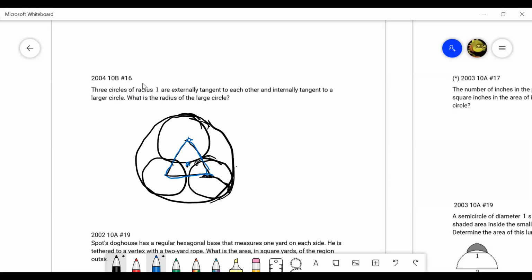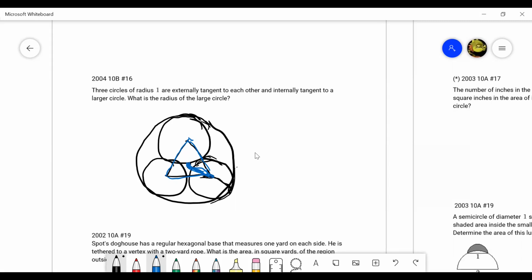So this means that we can connect the center of this circle to the center of this smaller circle.